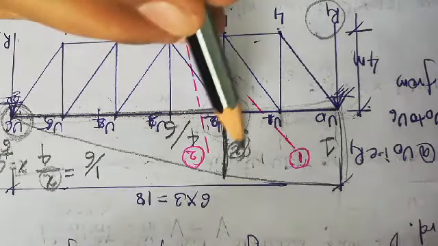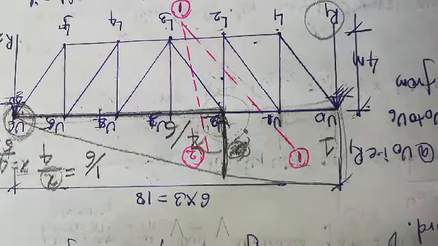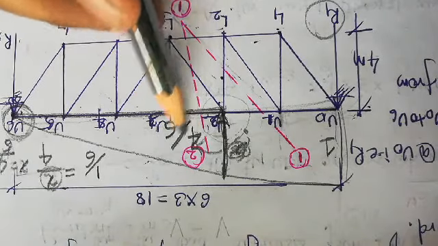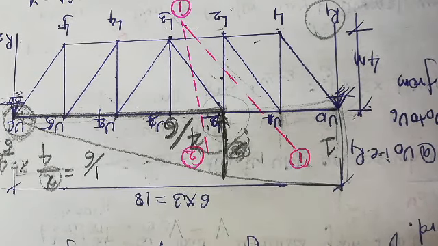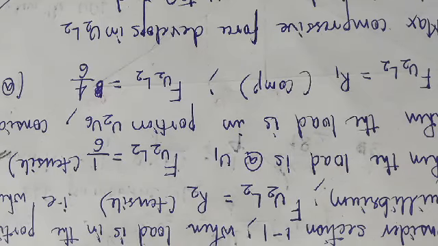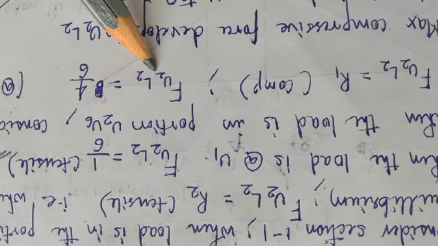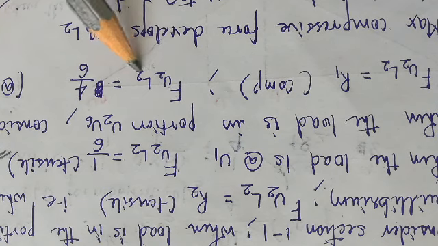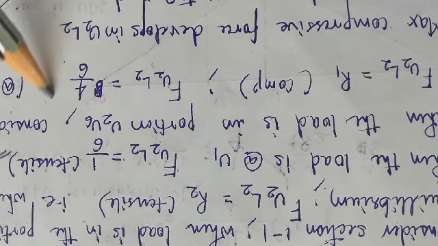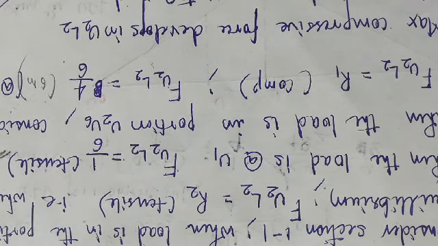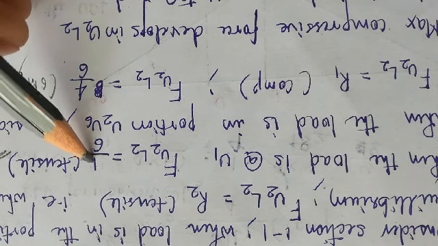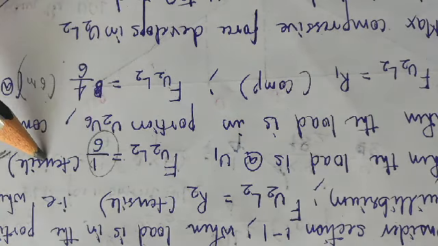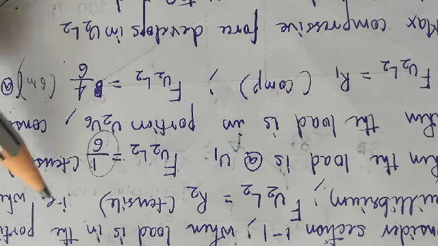That's why this ordinate is 4 by 6. Therefore, the force in U2 L2 will be 4 by 6, and it is compressive in nature.